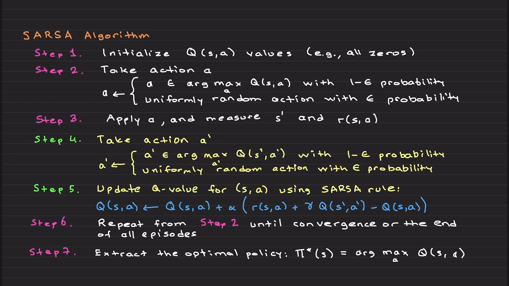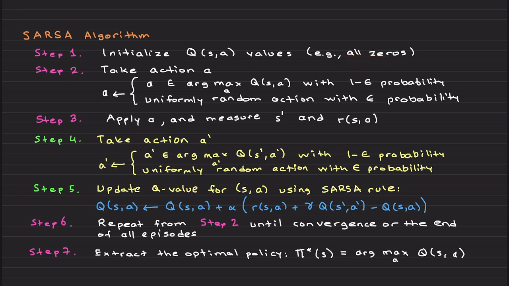The magenta steps are quite similar to the steps that we follow in Q-learning, and the green steps here result from the SARSA algorithm, or the modified Q-learning algorithm if you wish. So in step 1, we initialize Q values as some random values or all zeros.